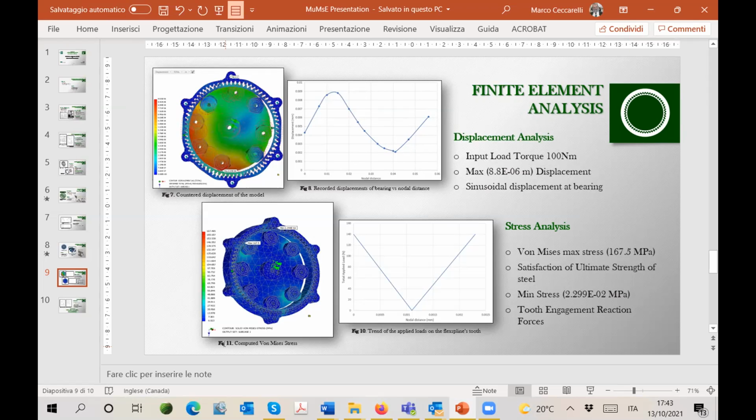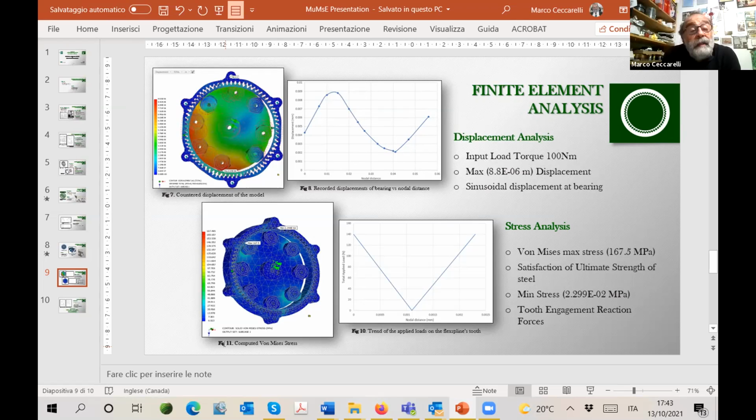Apparently yes, because in this design he analyzed an existing design, so he got the parameters from the technical sheet of a commercialized harmonic drive.